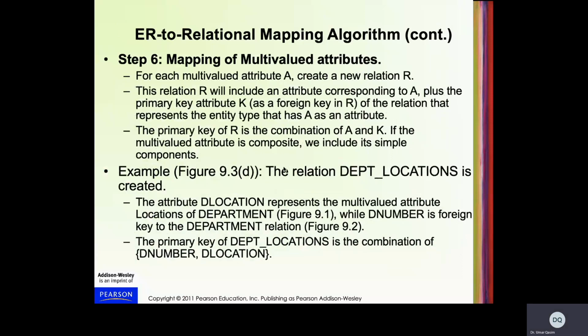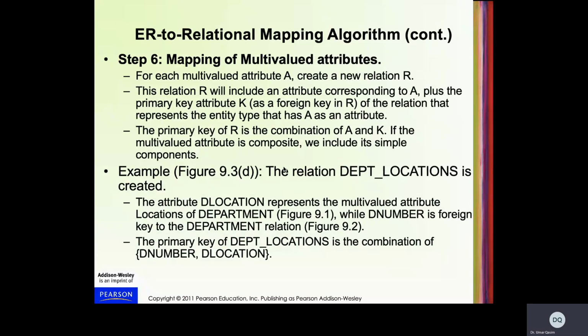Now, step 6. In step 6, we look at multi-valued attributes. For example, department locations. A department location could be more than one, so this is a multi-valued attribute. For this case, what we do is we create a new relation.